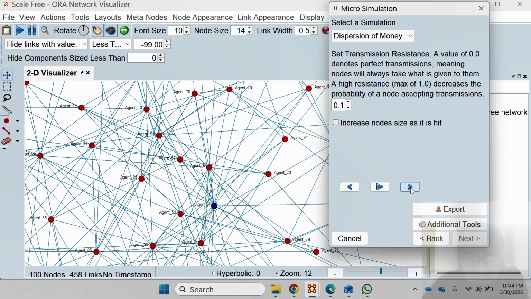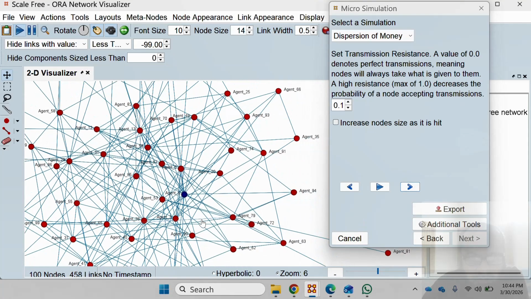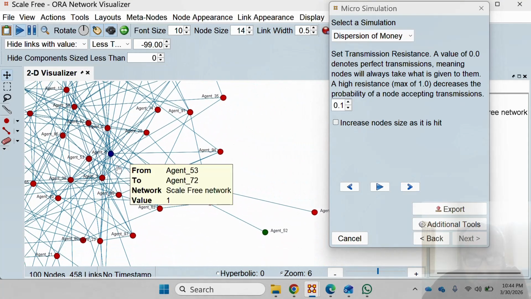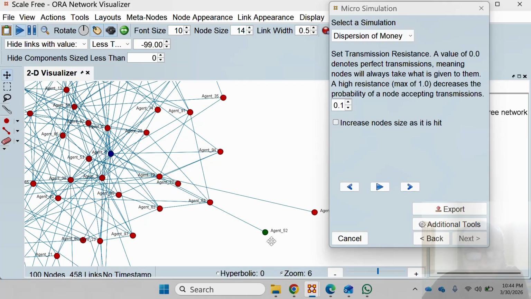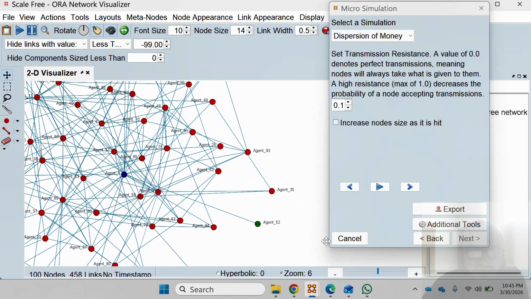In the second step, it attempted, but probably didn't go anywhere. Any other green node, can you see? Yes, so it went directly to node number 52. As you can note, node number 52 has a direct connection with node number 6. That's why. So it's probabilistic. Now it's node number 43 or 35, just like the last simulation that we saw. So every time you run, there can be a different result.